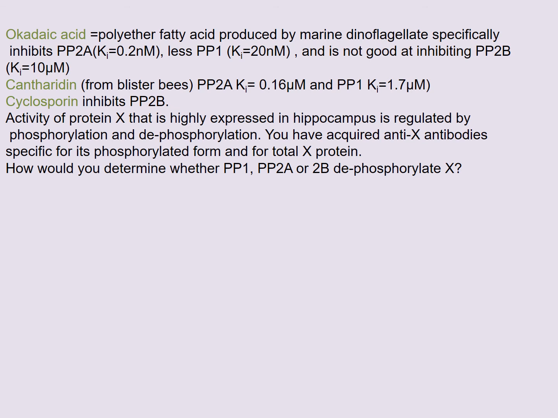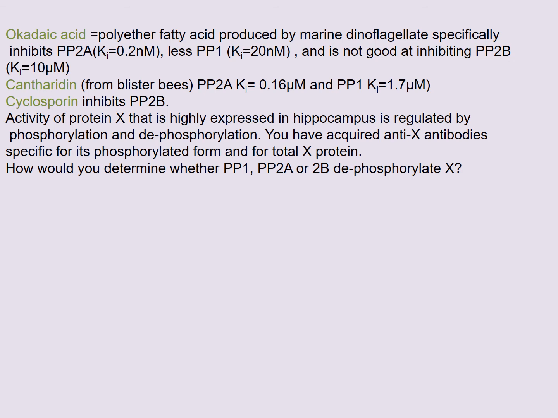So here's a problem for you to think about at home. This is introducing 3 different inhibitors you can use that inhibit different phosphatases. So okadaic acid inhibits predominantly PP2A. It is also highly tumorigenic, but instead of the previous one that we talked about that leads to PKC activation, this okadaic acid is tumorigenic because it inhibits PP2A, so it doesn't allow this signaling to be turned off.